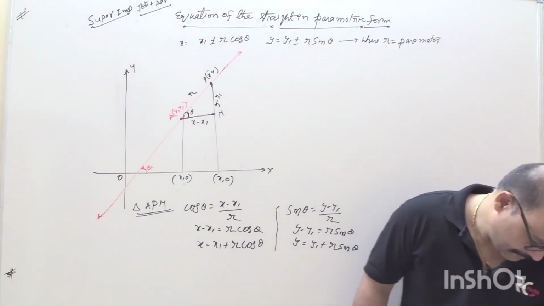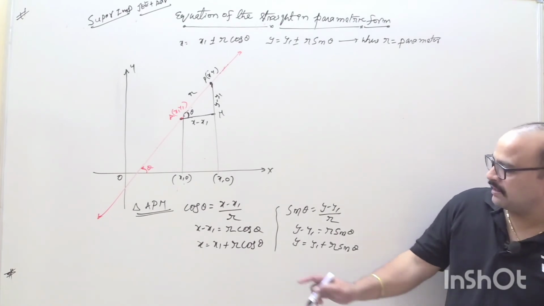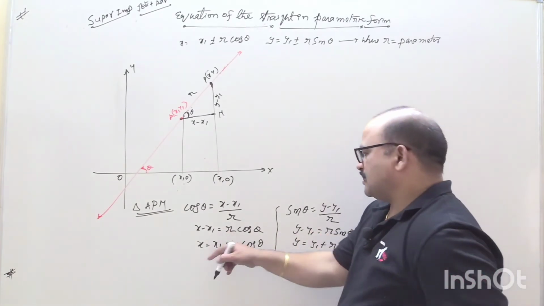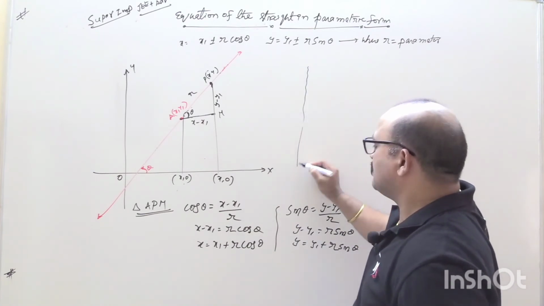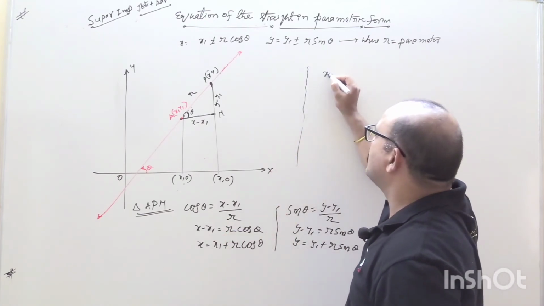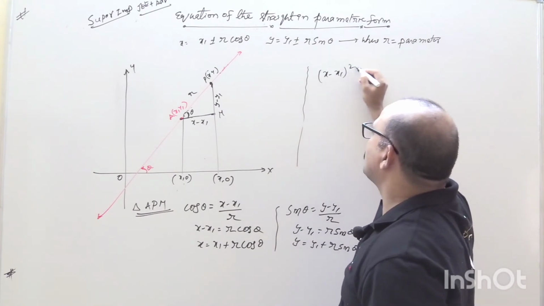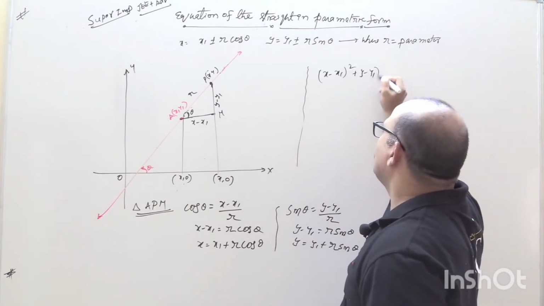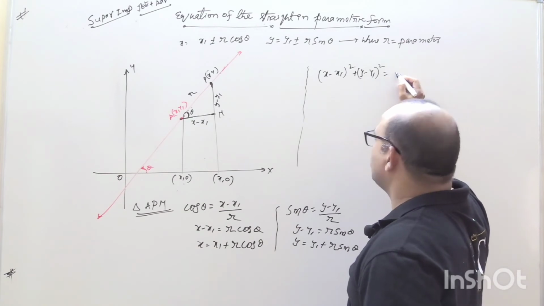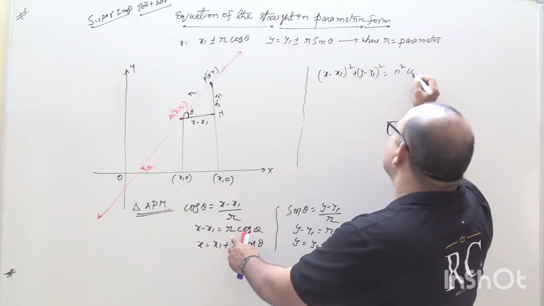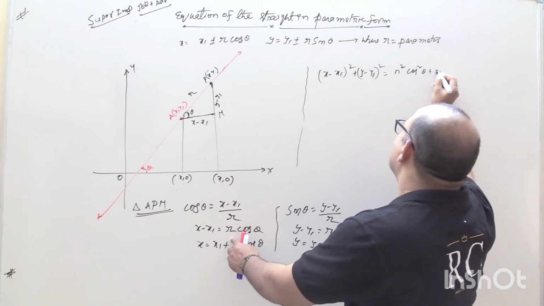Now again, squaring and adding, we get the same answer, r square. Squaring x minus x1, by the distance formula between two points, x minus x1 whole square plus y minus y1 whole square is equal to r square cos square theta plus r square sin square theta.